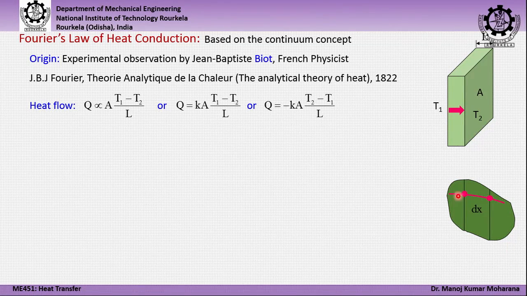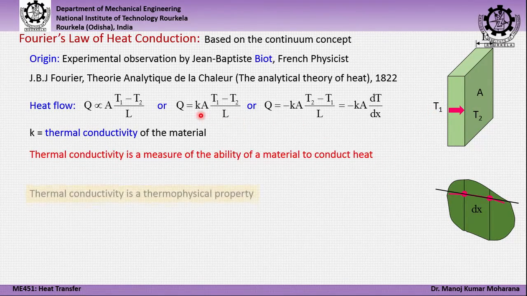You will have some temperature at this point, another temperature at this point, and the differential element width will be dx, for which the temperature difference will be dT. Then you can rewrite this expression as Q equals minus K into A into dT by dx, where dT by dx is nothing but the temperature gradient in the solid medium.